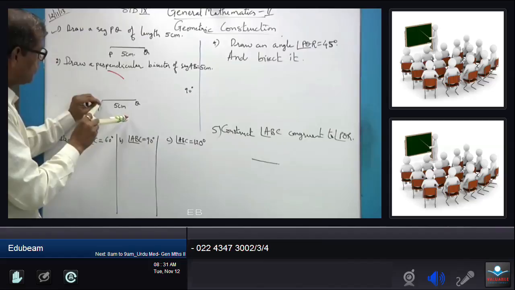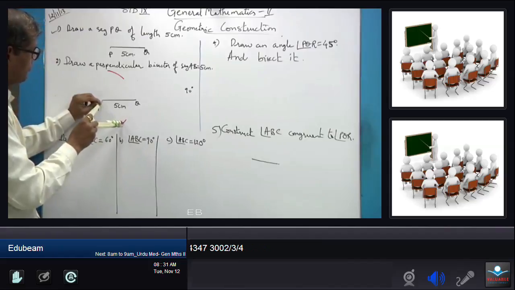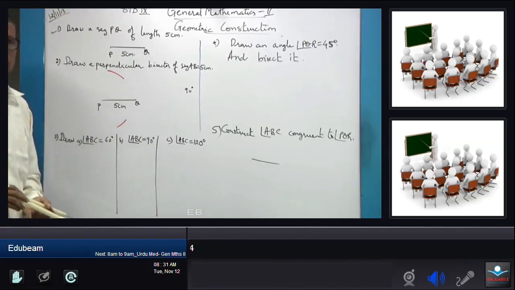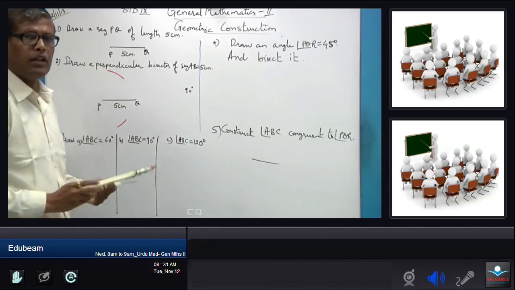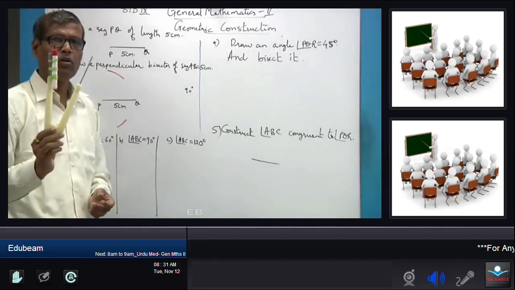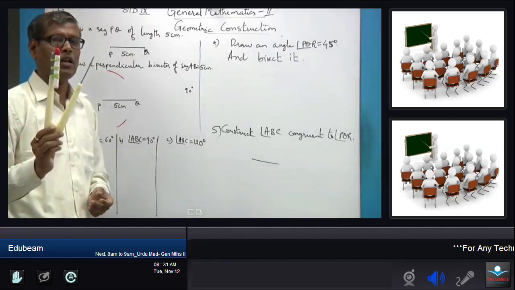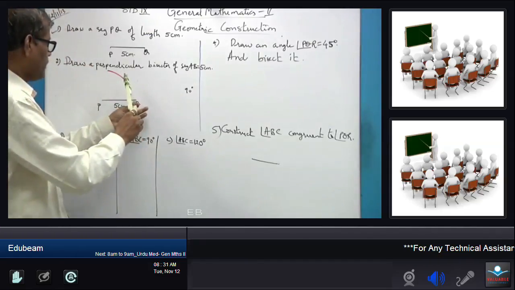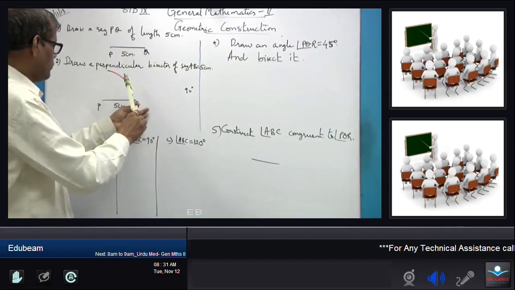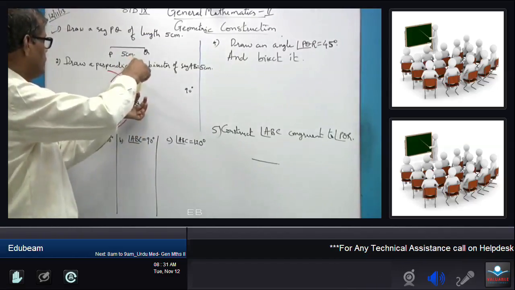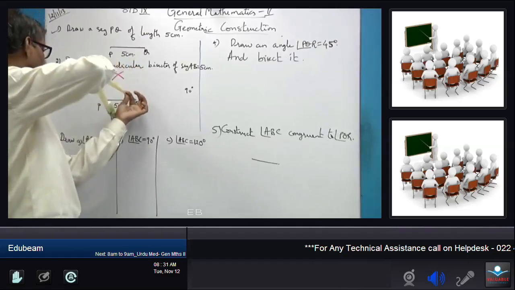Take the next one. The next one is draw an angle. These are all simple questions you have already studied in your previous classes. I know it is first standard, fourth standard sums, but no doubt general maths you have taken, you should know about it. So let's take the next one.